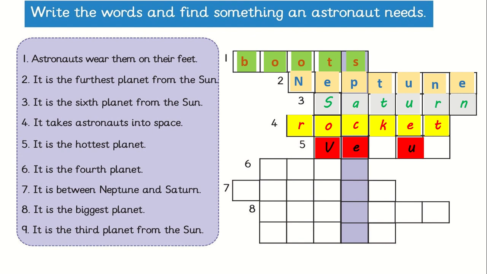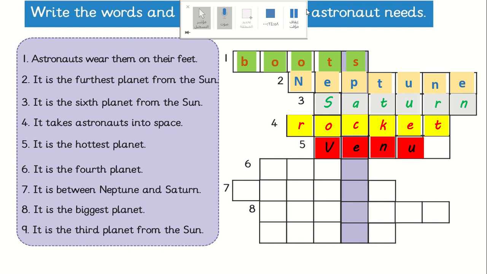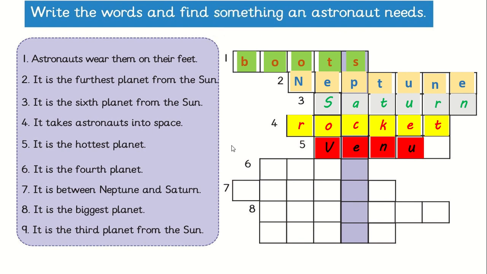It is, my students? Yes, my students, it is Venus. Well done. Okay. Now, it is the fourth planet. Yes, my students, Mars. Well done. It is between Neptune and Saturn.